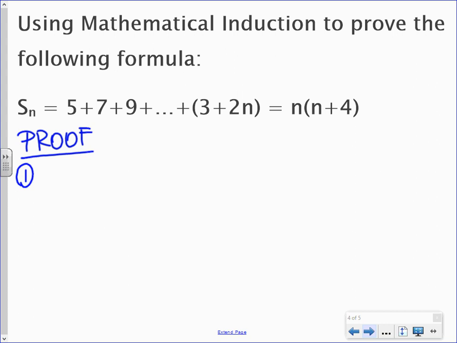First step is to show that it's true for S of 1. What's our first term? 5. Is that the same as when we plug in 1 for n? 5 equals 5. We're good to go.